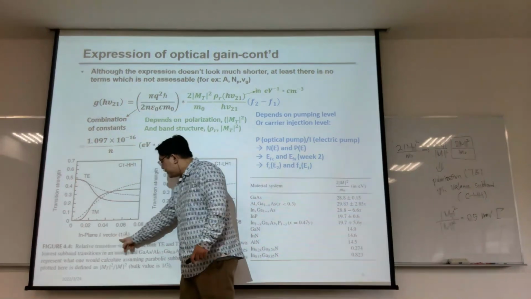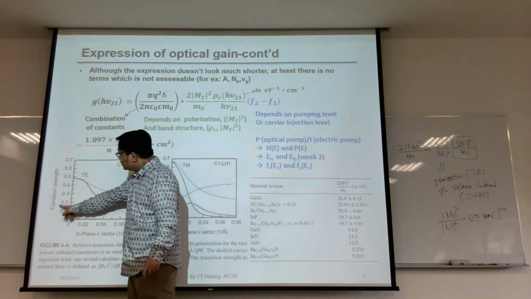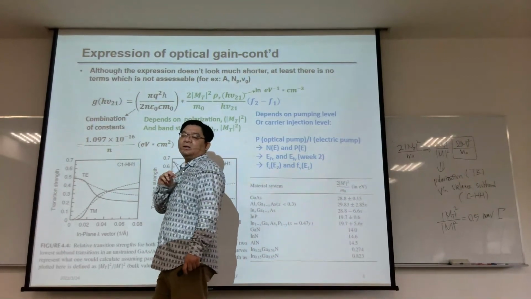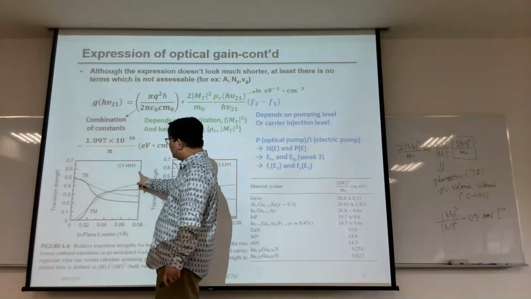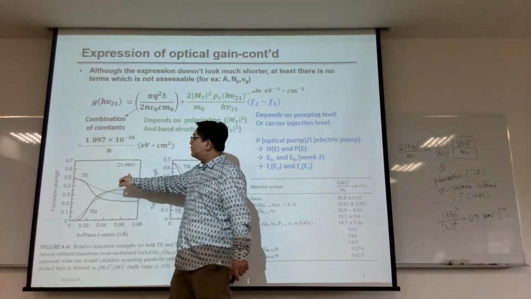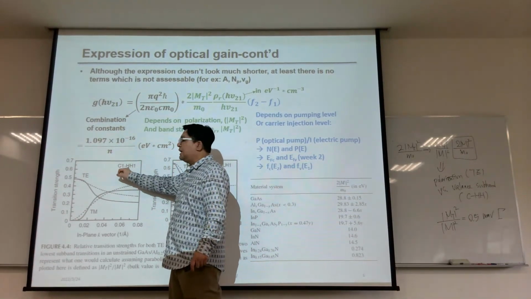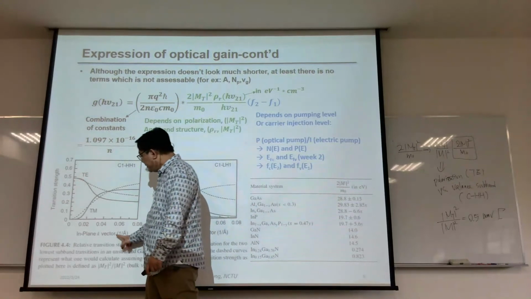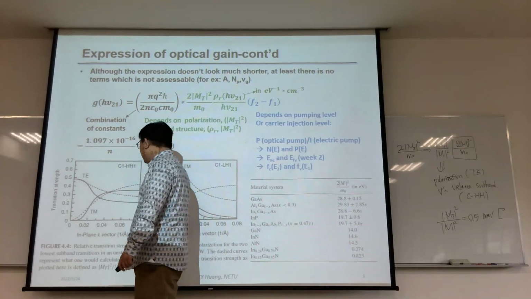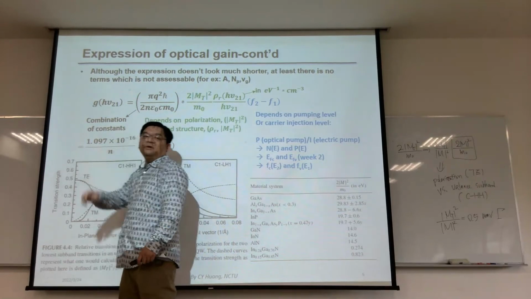That's also a figure we learned from lecture 4. This is the k vector in the band structure, and this is the transition strength normalized by the momentum matrix element. So this is C1HH1, the first ground state in the conduction band with the first ground state in the heavy hole band. While k is near the band edge, meaning k near 0, the TE mode transition is about 0.5.